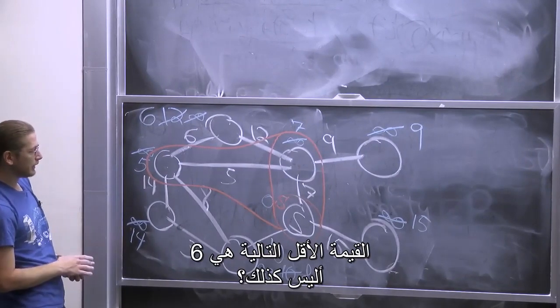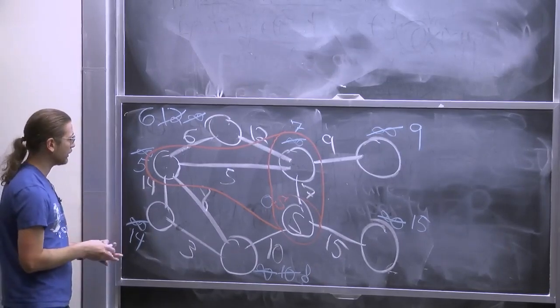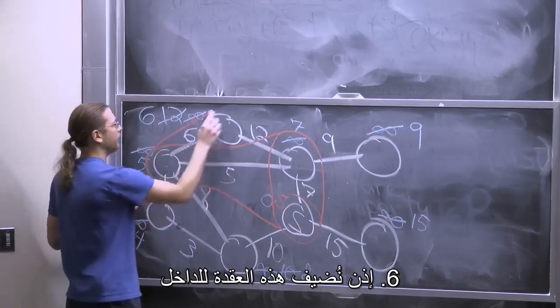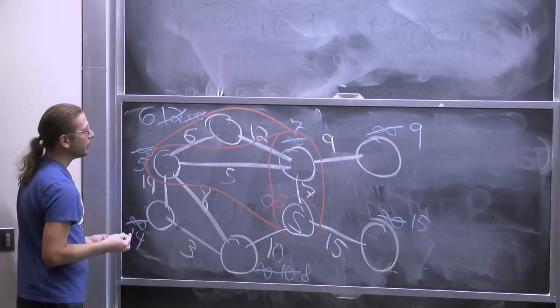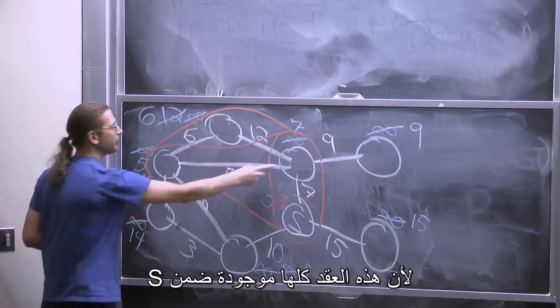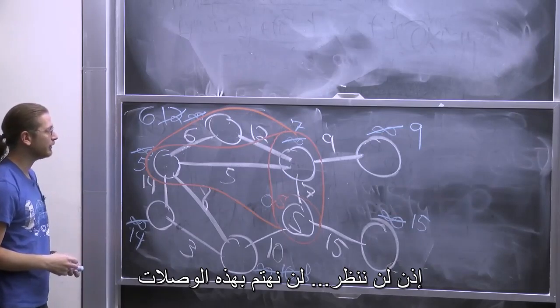Next smallest value is 6, right? So 6, we add this guy in. We look at the edges from that vertex, but actually nothing happens because all those vertices are inside capital S, so we don't care about those edges.